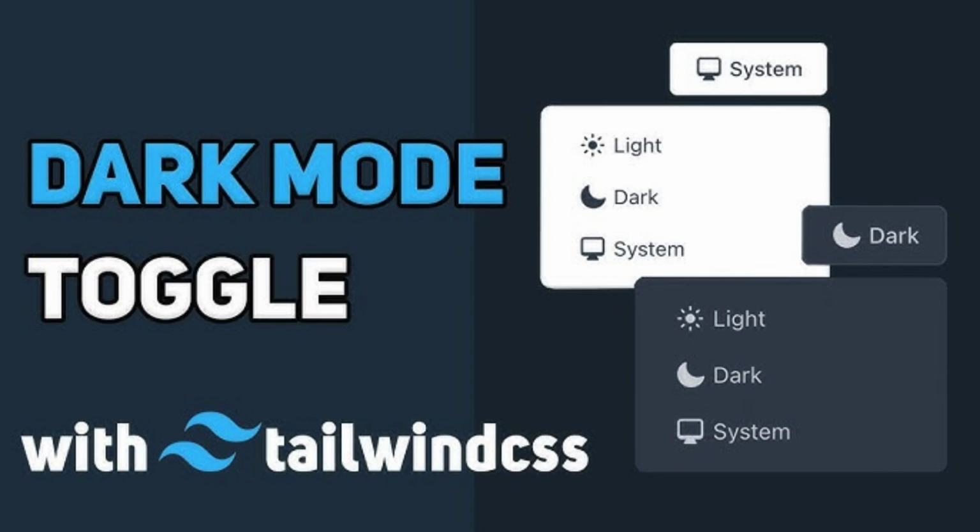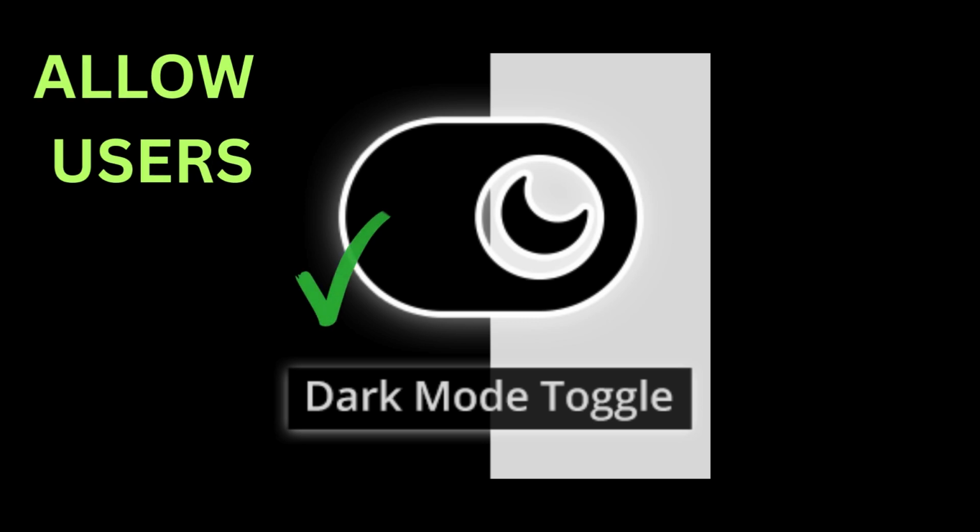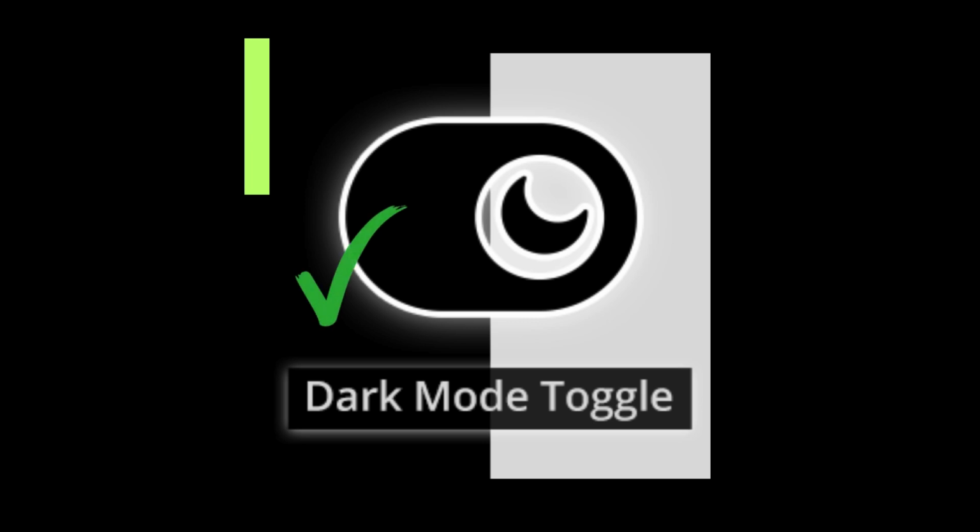But what if you want to add a manual toggle? Manually toggling dark mode is something that everybody wants in a website. Not everyone follows their system preferences, isn't it? So let's allow our users to toggle dark mode themselves.